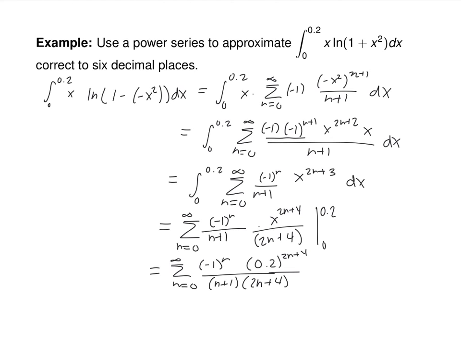Now, that's the definite integral's expression. Now let's figure out how many terms we need to have this correct to 6 decimal places. So notice once again that we have an alternating series. So we're going to use the alternating series test remainder, where the remainder's absolute value is less than or equal to the n plus first term.